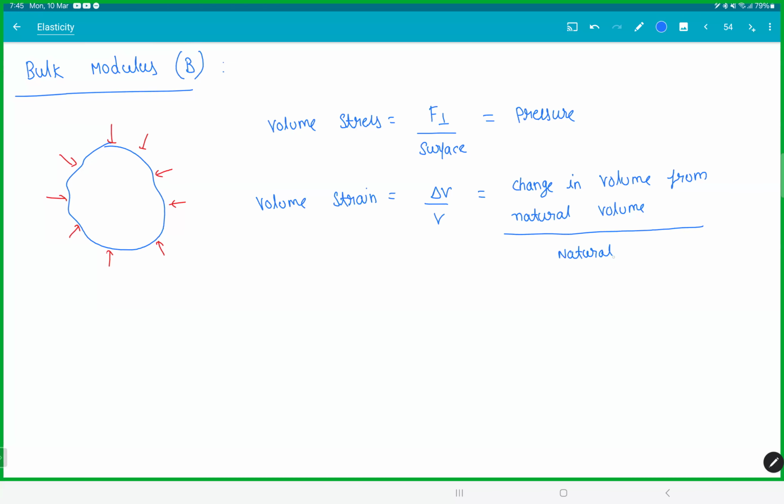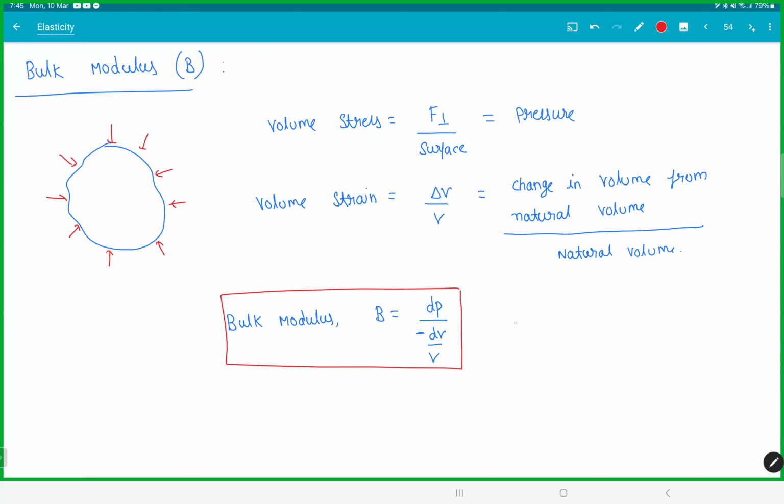Remember, natural volume depends on temperature. So if you combine this, we get bulk modulus, which is given by dP by minus dV by V. Let's try to understand the meaning of this. This is the formula you need to mug up. dP is a small change in pressure and dV is a small change in volume.